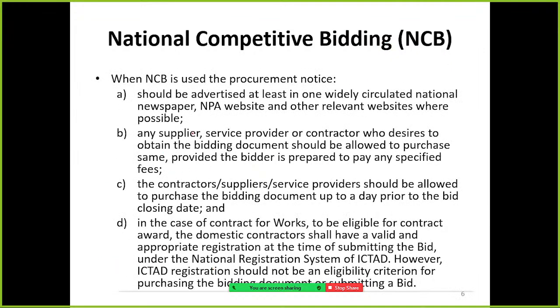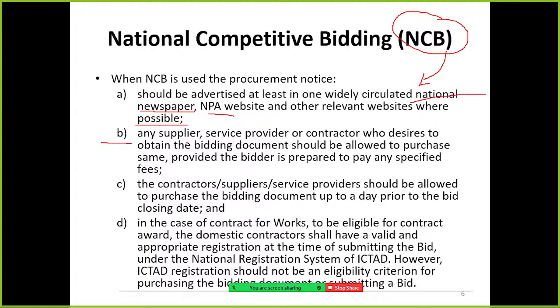When national competitive bidding is used, the procurement notice should be advertised in at least one widely circulated national newspaper, and on the National Procurement Agency website and other relevant websites where possible. Normally, all public sector organizations advertise large value procurement in the national newspaper, right?